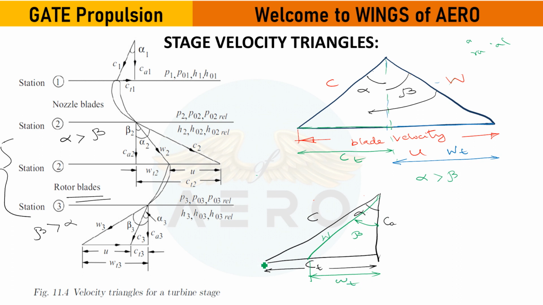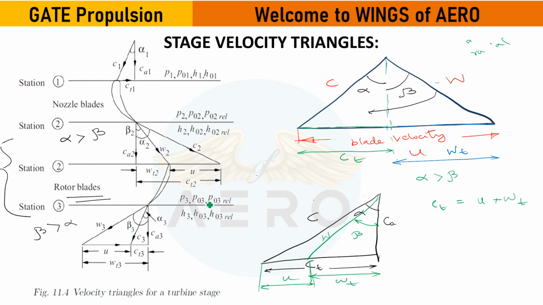Now what is my blade speed? Understanding the basic concept, it will extend from C to W. So this is C and this is W, and you just match over here. So mathematically, I can write CT equals U plus WT, and the same is followed here as well.